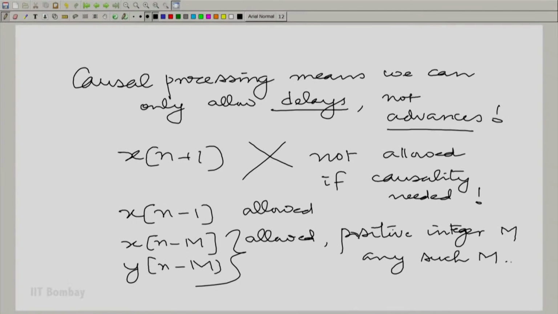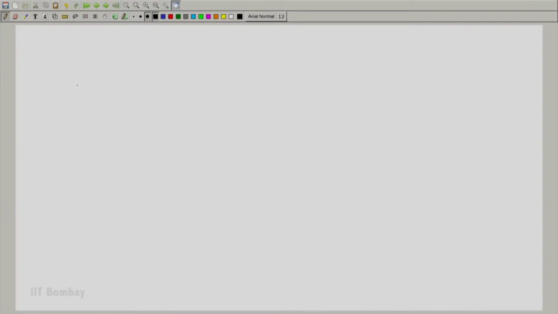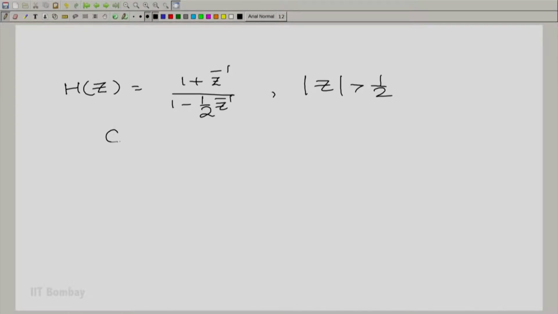So, therefore, if we go back to the system function, H of z is (1 plus z inverse) divided by (1 minus half z inverse) with mod z greater than half, we can see it is both causal and stable, and we can realize it by expanding the z transform.